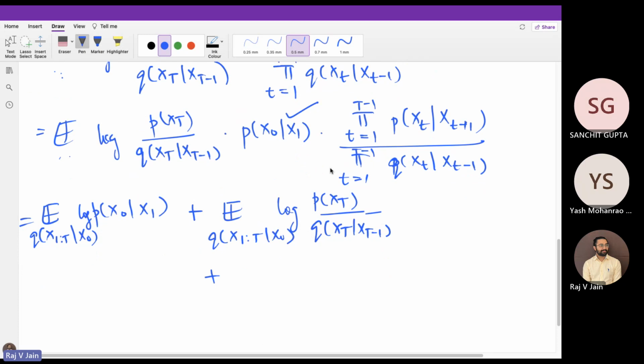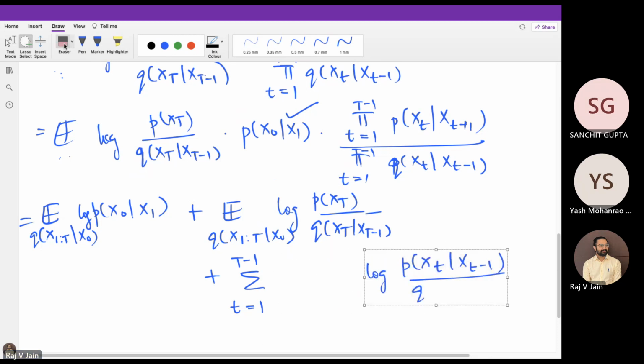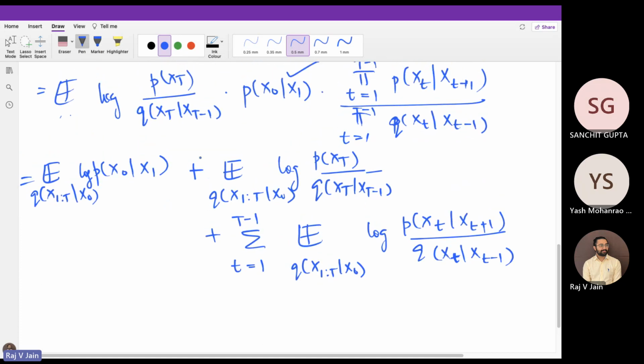Plus, this is multiplication, again log, addition, all of that jugglery. So we'll get sigma t equal to 1 to T minus 1 log of p of x t given x t plus 1 divided by q of x t given x t minus 1. Oh, sorry, so this needs to be under the expectation, right? So, expectation over x1 to T given x naught. So this is plus 1 over here. Right? Okay, till now all clear? Fine. Now, let's think about the second term for now.